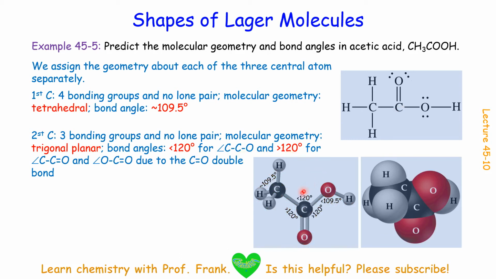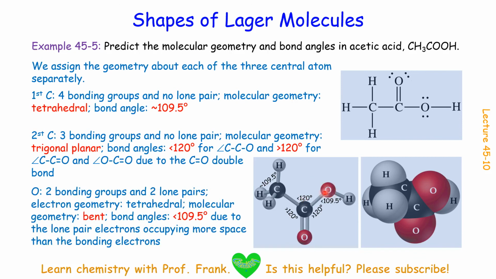However, if we take a closer look at this acetic acid molecule, because of this double bond, this carbon-carbon-oxygen bond angle and this oxygen-carbon-oxygen bond angle are greater than 120 degrees. Because of their stronger electron repulsion, this carbon-carbon-oxygen bond angle is smaller than the standard 120 degrees.